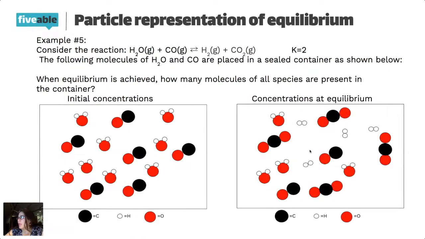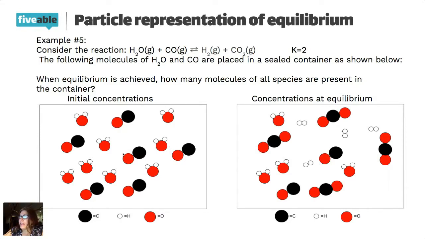So 1, 2, 3, 4 waters, 1, 2, 3, 4 carbon dioxide, and 1, 2 carbon monoxide, and 1, 2, 3, 4 hydrogens. Notice how I draw here the carbon dioxide as linear, right? So that's things that you need to consider when you're doing particle diagrams.